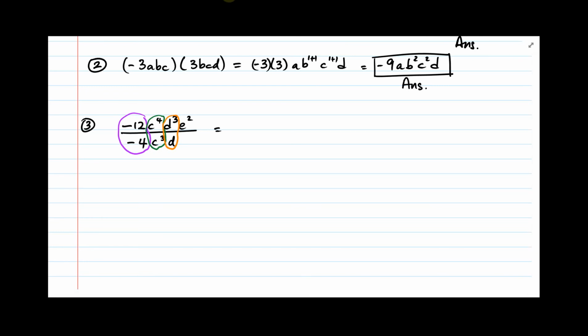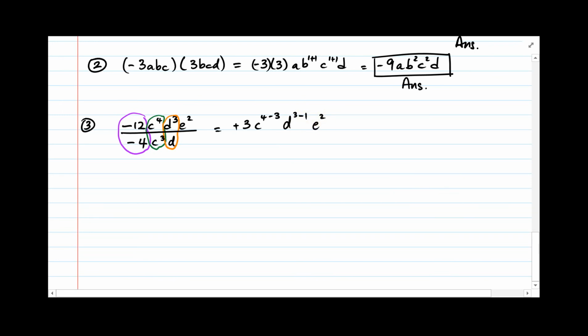So the easiest way to go about doing this is if I divide -12 by -4, negative into negative, first of all, it's positive. 12 divided by 4 is 3. Then we could write our C to the 4th minus 3 and D cubed minus 1.